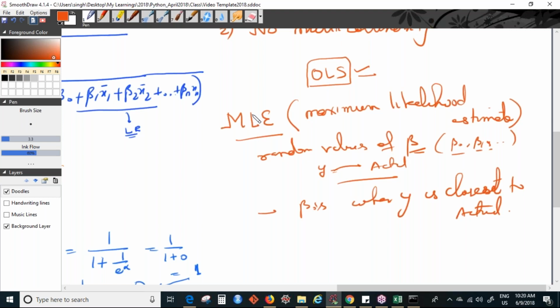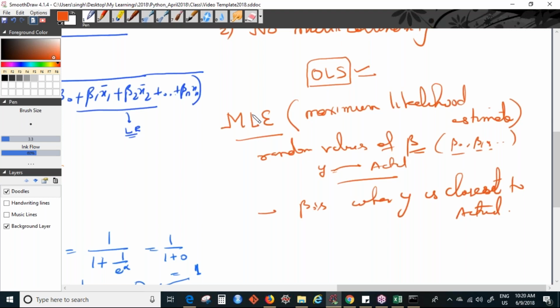If it is matching with the actual values, then it stays with those same betas. But if it is not matching, obviously it will not match since it started with random values, so it will change the values of betas again. And then it will again check whether the prediction is matching with the actuals or not. So a lot of iteration goes on, and then finally you have your betas, which gives the closest output.